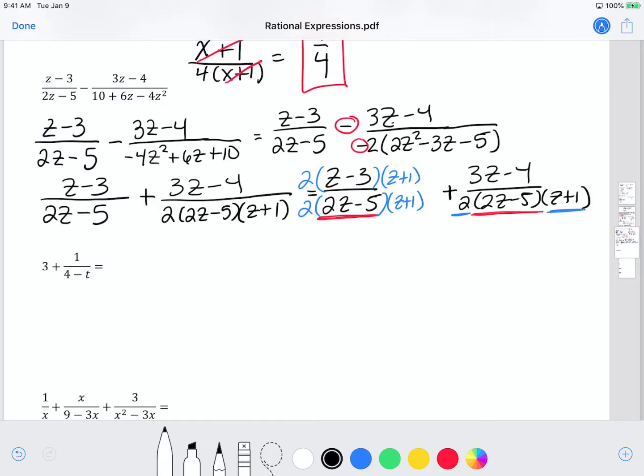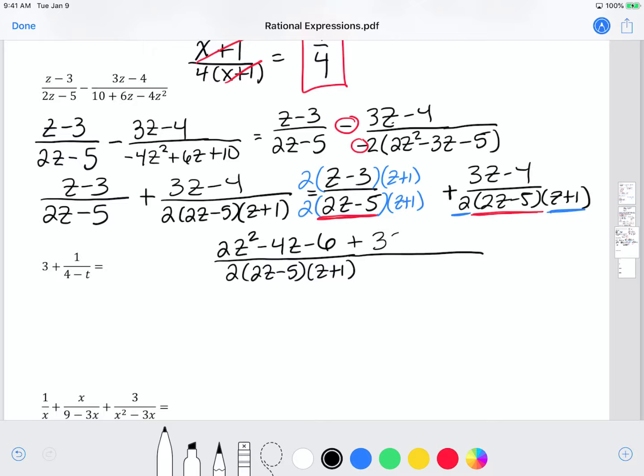If I multiply 2 times z minus 3 times z plus 1, you're going to get 2z squared minus 4z minus 6, all over our common denominator. And that's all added to the 3z minus 4 with the common denominator downstairs.